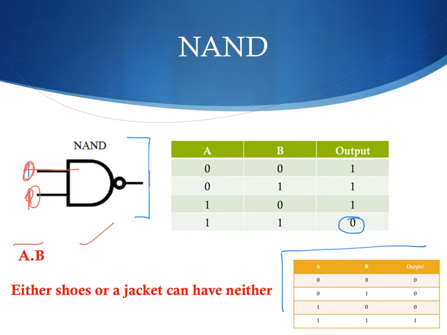Again, these two inputs going in here, they go through this gate. What output do I have? In order to work out NAND, you go with AND and then find the opposite. So you can have neither shoes nor a jacket. Because in the AND gate I had to have both of them, the opposite is you can have neither.